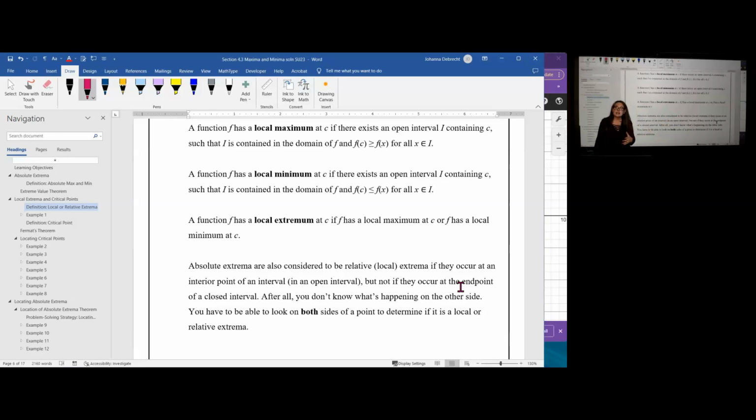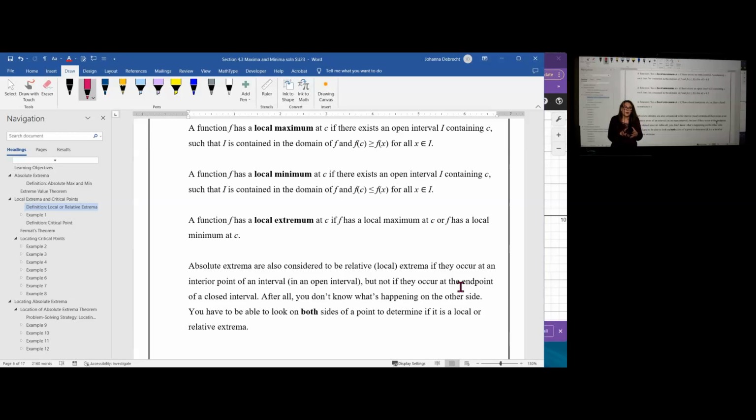Now, do we consider absolute extrema to be local extrema? The answer is it depends. If it's at an interior point of the interval, closed a to closed b, then yes, an absolute extrema is also considered a relative. So a relative extrema is a more general term in that sense.